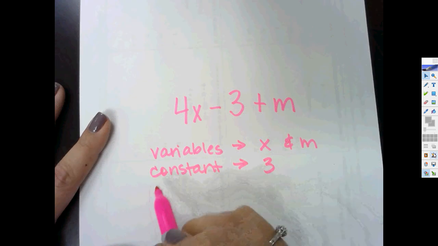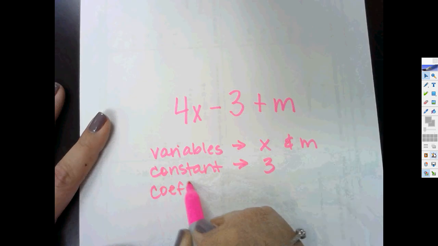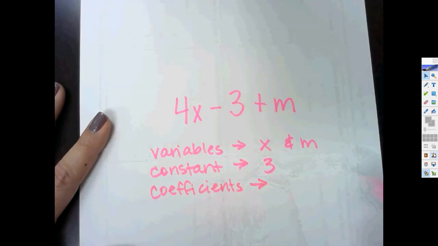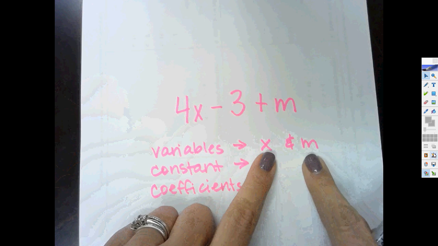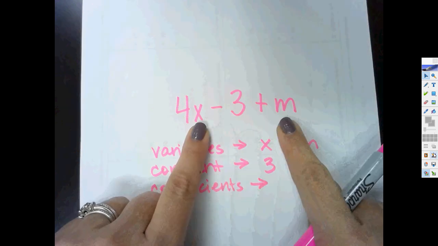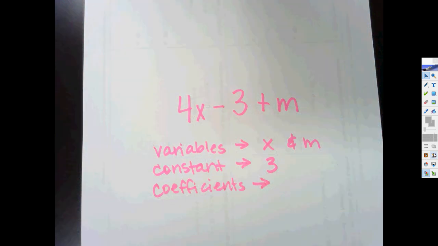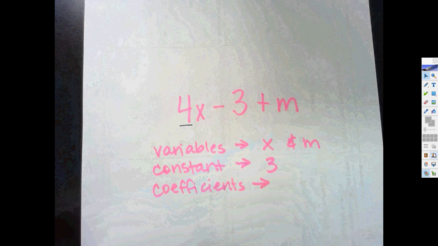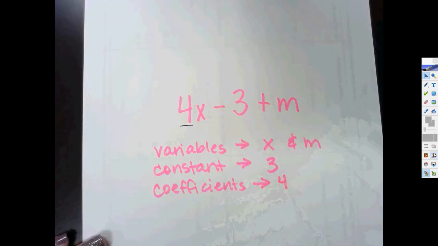Okay, coefficients. So if I look, I only have two variables, x and m, so that's the only place I can have a coefficient. In front of my x is a 4. That is my coefficient, 4.